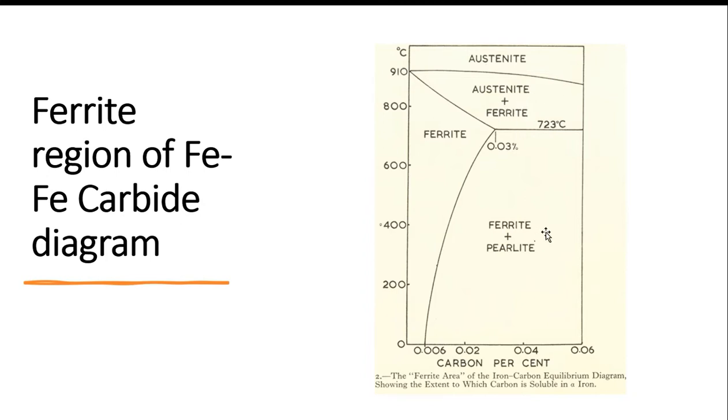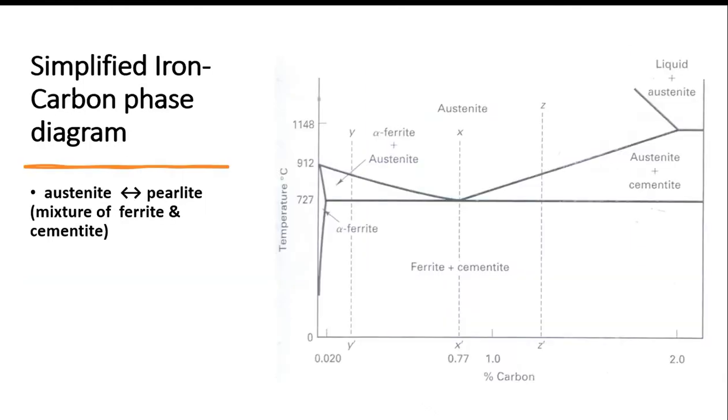And if you just cool austenite plus ferrite, it changes into ferrite plus pearlite, right after 723 degrees Celsius. It is called the ferrite region. Right. So this is something we call simplified, because austenite changes into ferrite plus cementite.